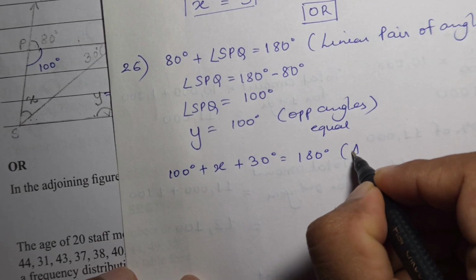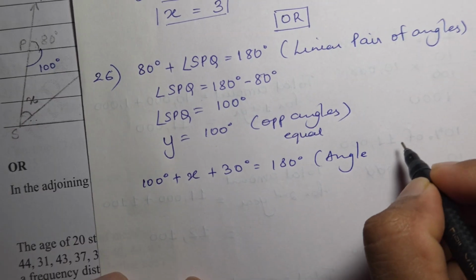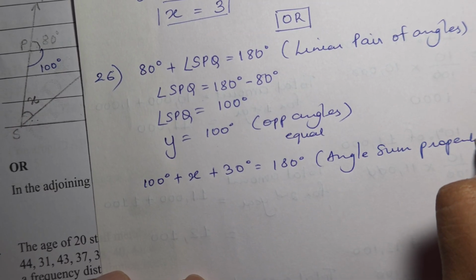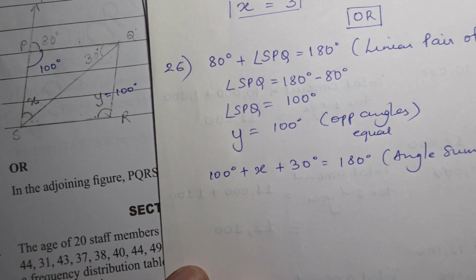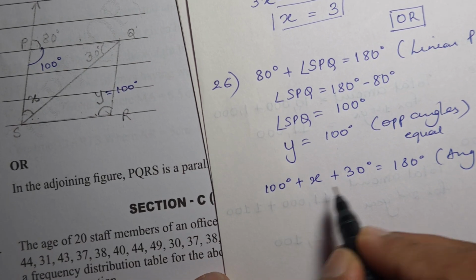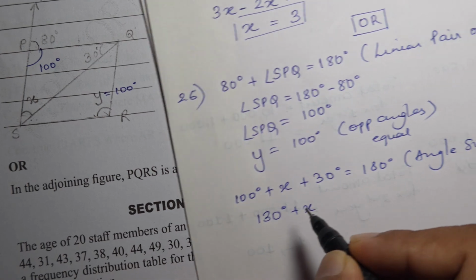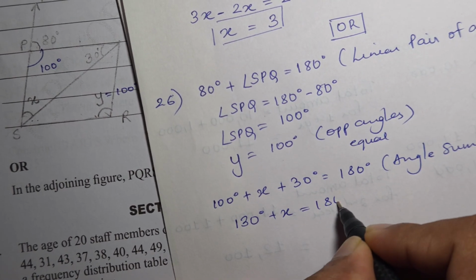Why? Angle sum property. Correct? Now 100 plus 30 is 130 degrees plus X is equal to 180 degrees.